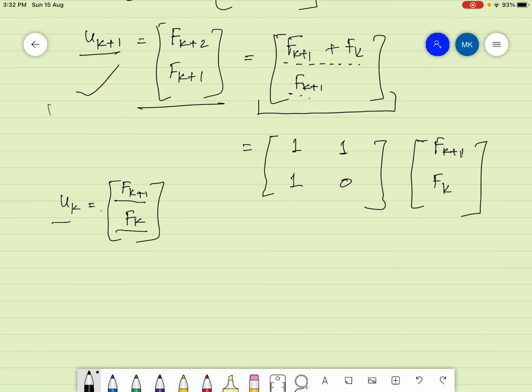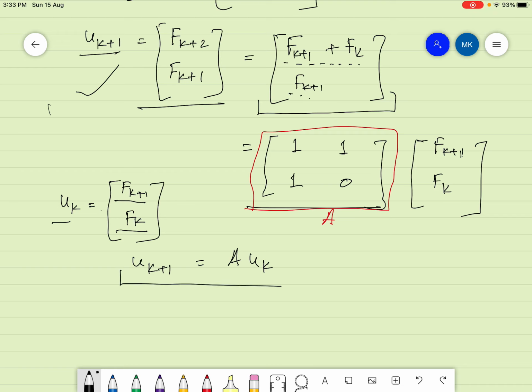So we have this formula here: u of k plus 1 equals A times u of k. This is our matrix A, and we have u of k here. So we have formulated the Fibonacci sequence into our desired terms.